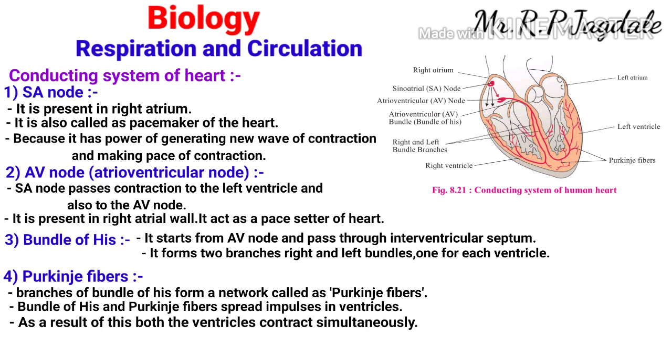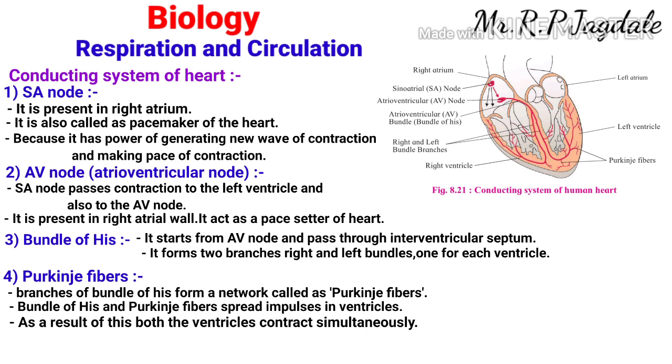First, the power of contraction is generated in the SA node. That contraction is passed to the AV node, which is also in the atrium. From the AV node, that contraction is passed to the bundle of His, and through the bundle of His it goes to the ventricular region, and finally goes to the network called Purkinje fibers, and through the Purkinje fibers it goes to both the ventricles.